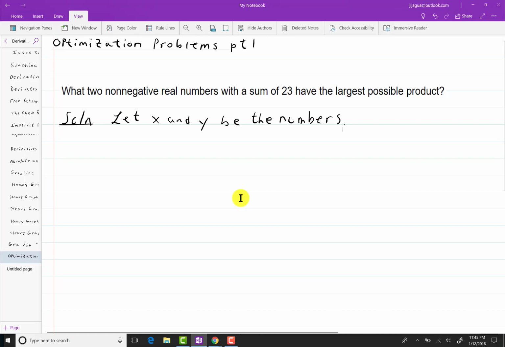So x plus y equals 23. And we want to find the largest possible product. So let me write P equals xy. This, the product xy, is what I'm trying to maximize. This is referred to as the objective function.